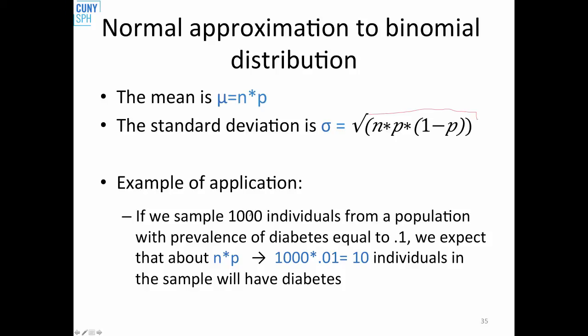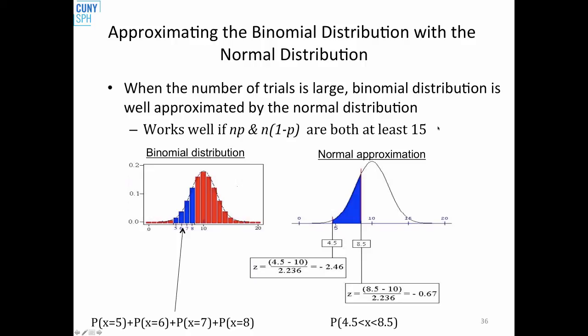For example, if we sampled 1,000 individuals where there's a prevalence of diabetes of 0.1, so 10%, then we expect n times p, which is about 100 individuals in the sample to have diabetes, and the variance would be 1,000 times 0.1 times 0.9, and the standard deviation is the square root of that.